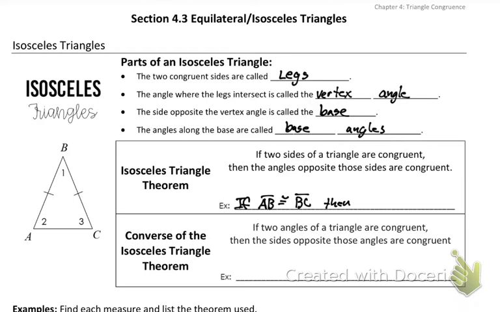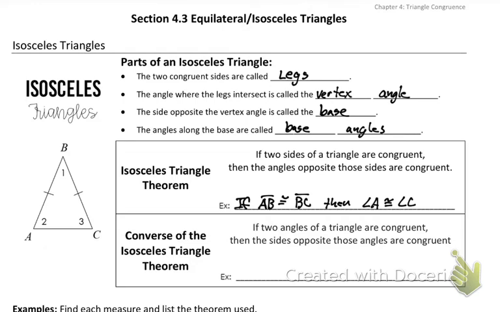So angle A would be congruent to angle C. If you're given an isosceles triangle, then your base angles are congruent.